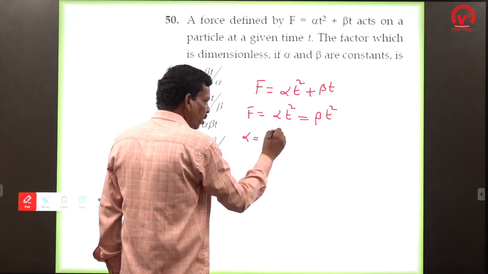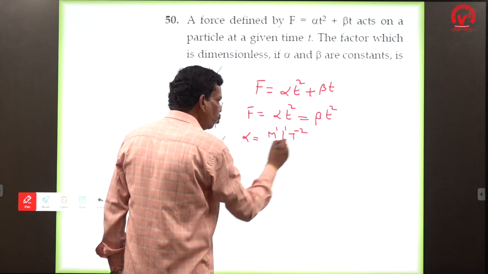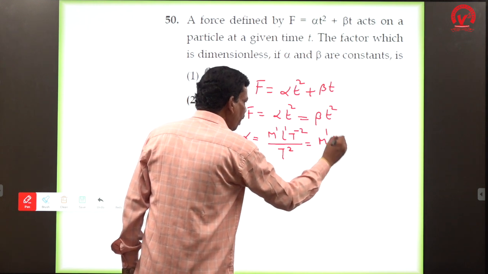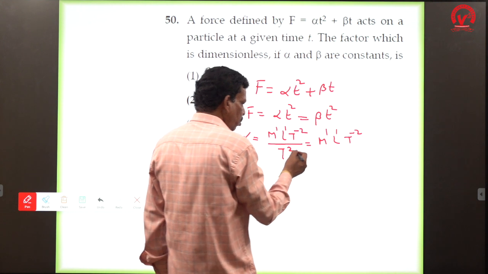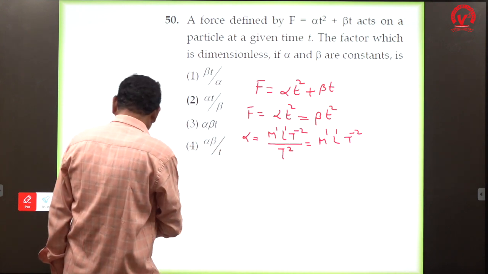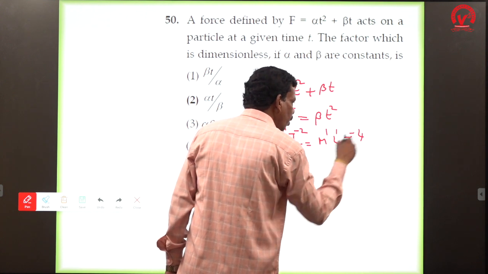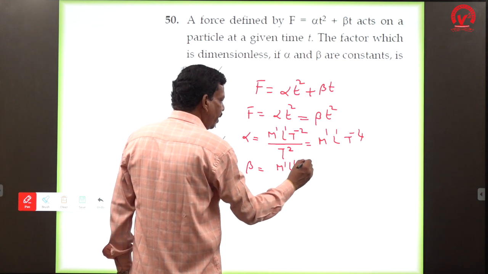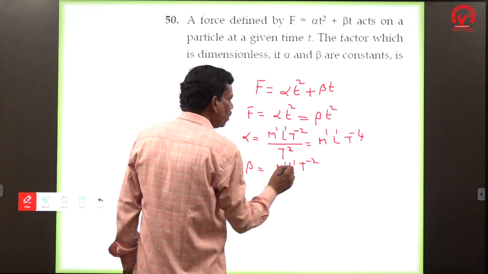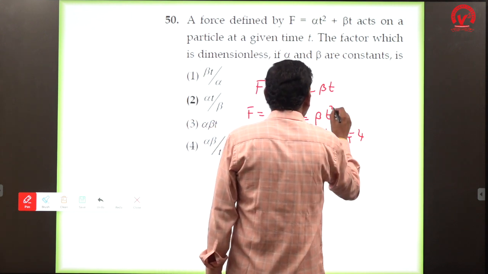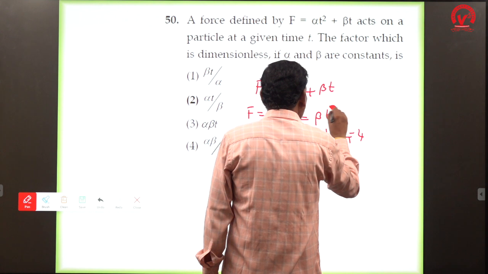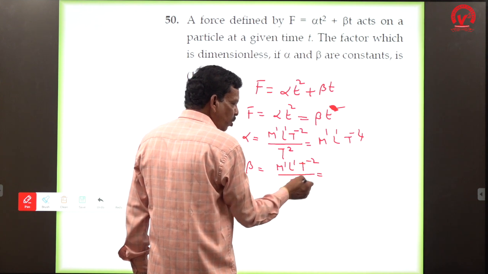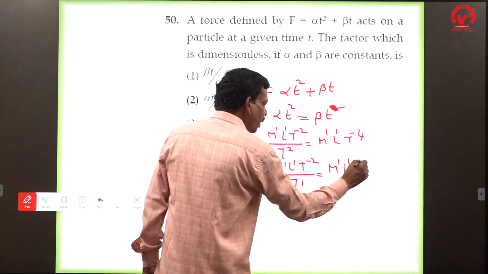F is M1 L1 T minus 2, divided by T2, which comes to M1 L1 T minus 4. Next, find beta. F is M1 L1 T minus 2 by, sorry, here only T is there, not T square, so by T1. You get M1 L1 T minus 3.